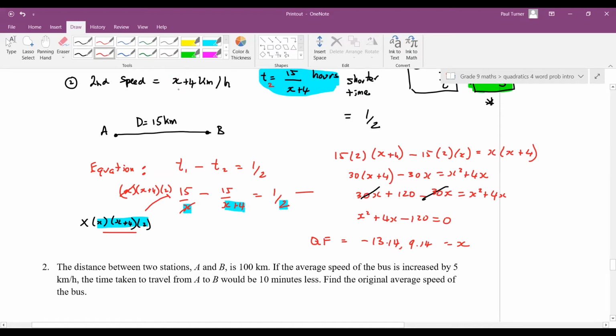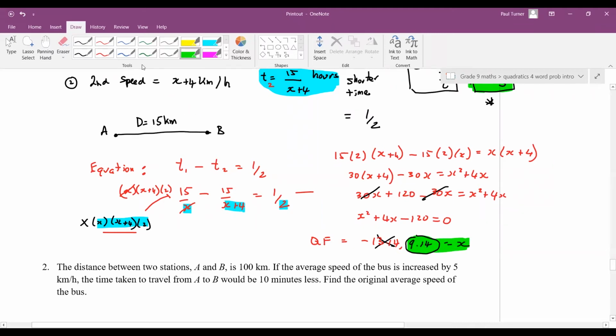Velocity can be negative, but not speed. So 9.14 should be the number that we use, not the negative number. So you can cut that one there. Generally refer to the positive numbers when you do these problems, 9.14 for this one.